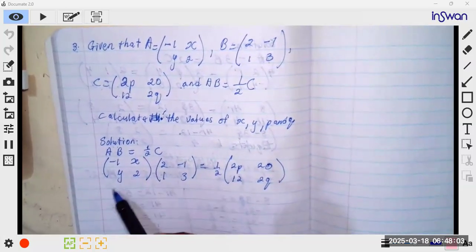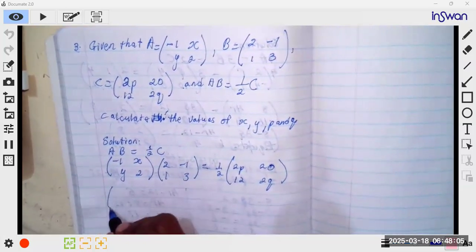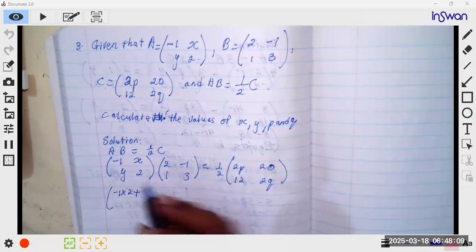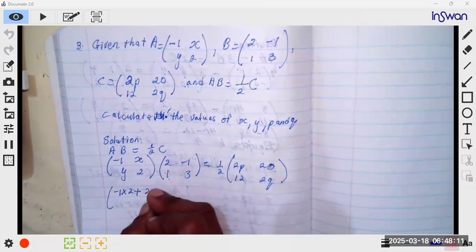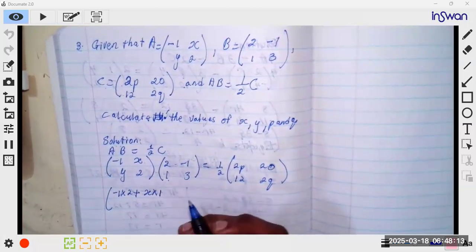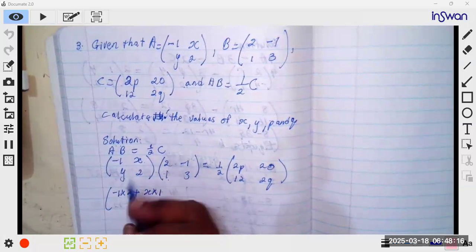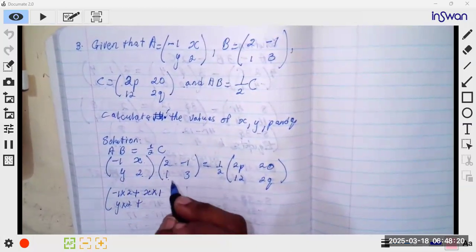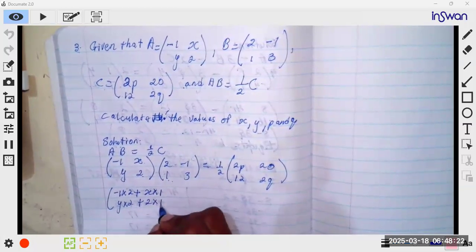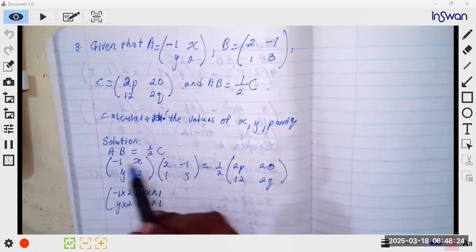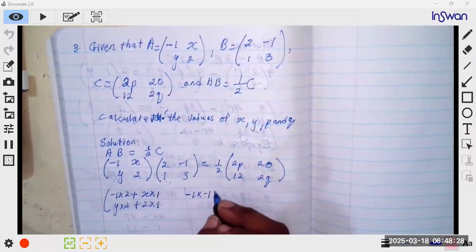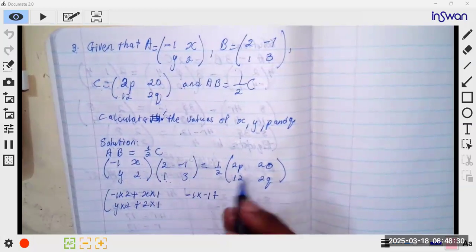So let's multiply row by column. Minus 1 times 2 plus x by 1. y by 2 plus 2 times 1. Minus 1 times minus 1 plus x by 3.